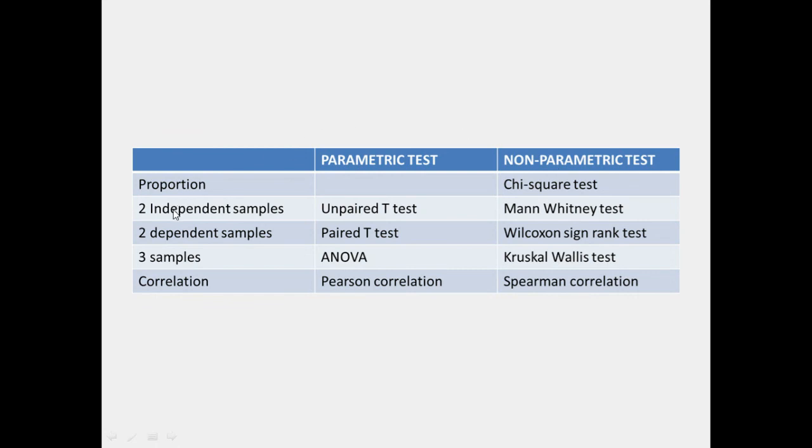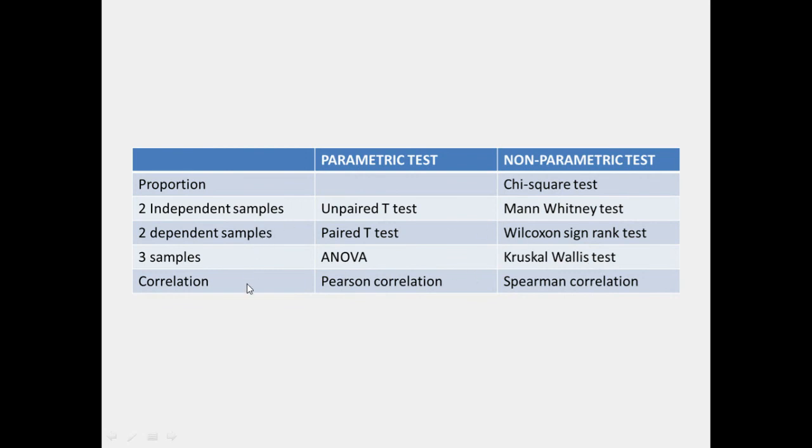In case of two independent samples, you use the unpaired t-test, which is a parametric test, and the non-parametric test for two independent samples is the Mann-Whitney test. Next, for two dependent samples, the parametric test is the paired t-test and the non-parametric test is the Wilcoxon signed rank test. Now for three samples, the parametric test used is the ANOVA test and the non-parametric test is the Kruskal-Wallis test.